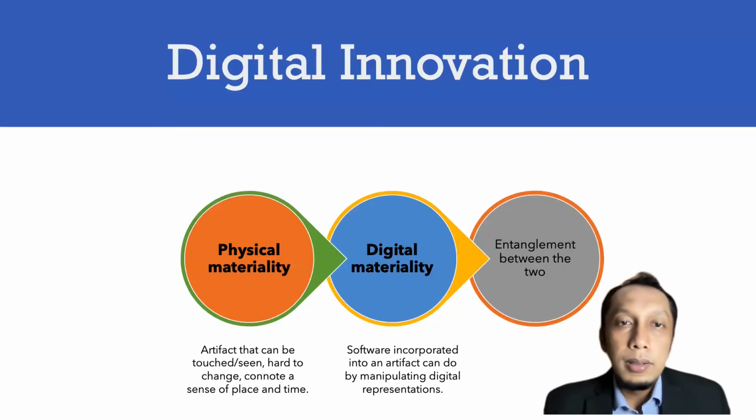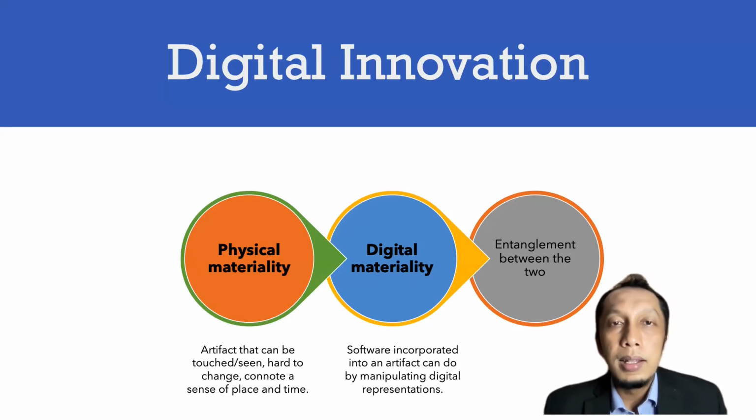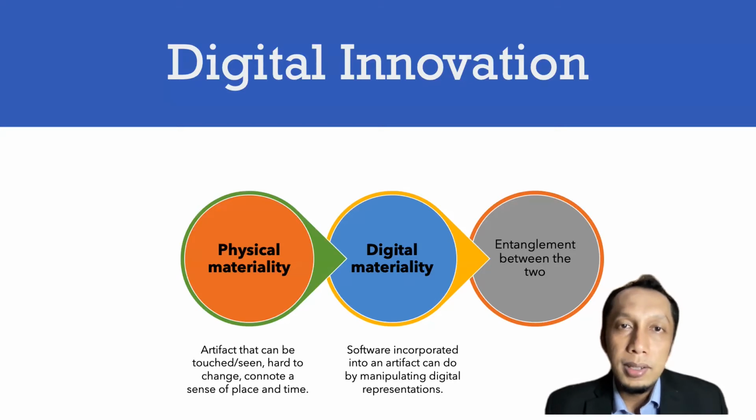So what makes digital innovation difficult and challenging? The main reason for this is that we have to deal with physical materiality as well as digital materiality. Physical materiality is the artifact that can be seen, that can be touched. Usually it is fixed, it is difficult to change, and it connotes a sense of place and time.